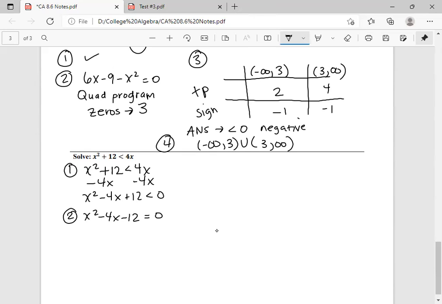So let's go back to our quad program. This must be one where maybe the solutions are imaginary or irrational. So I would plug in 1, -4, and -12 in my quad program to figure out what those zeros are.